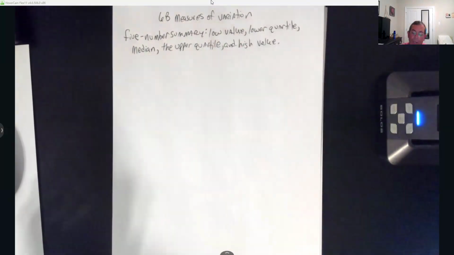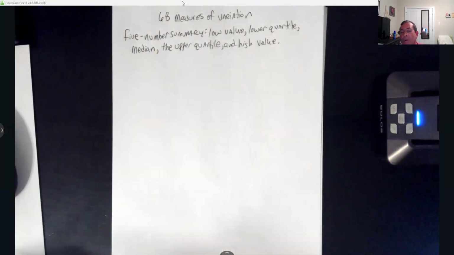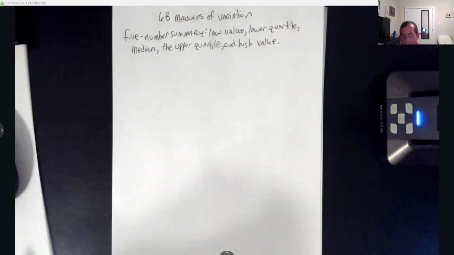So I'll sort of go through these and tell you what they are, and then how to make what we call a box plot that can show these 5 things, okay?